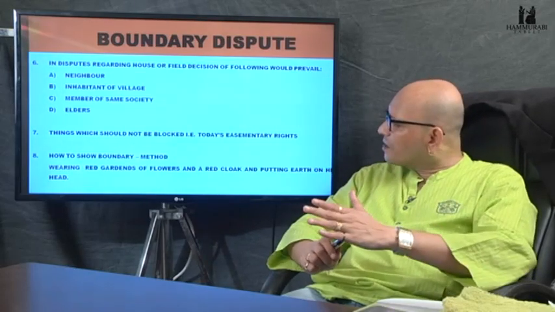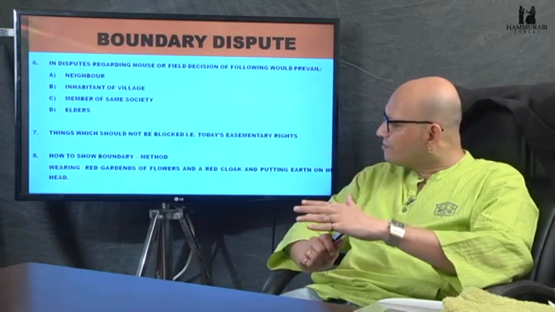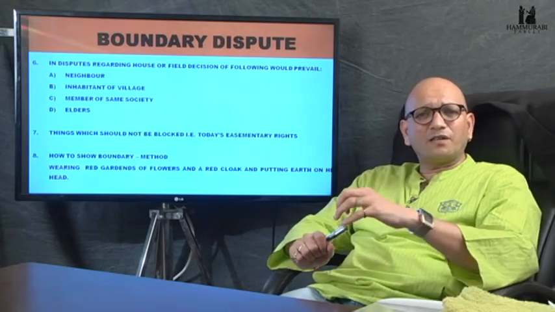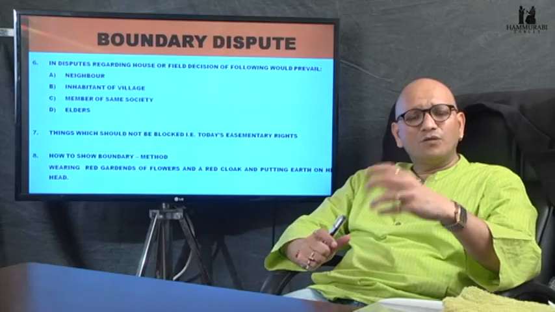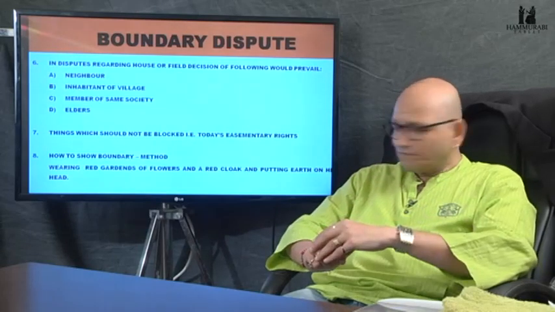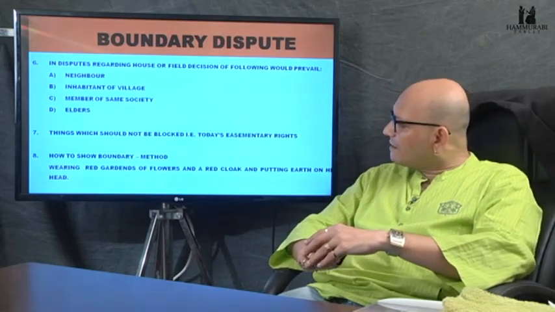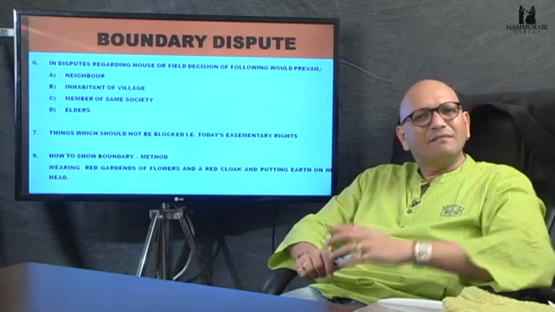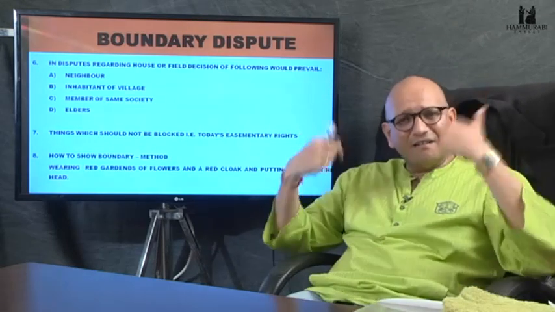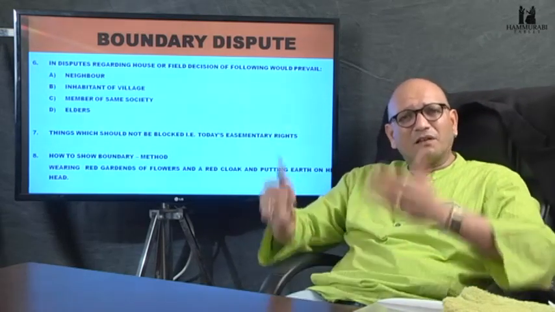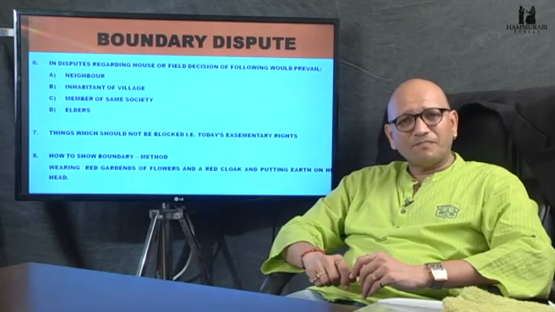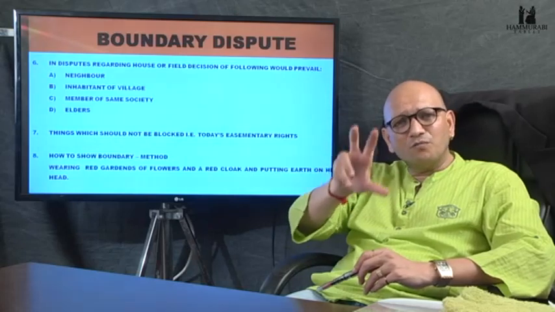Then we have how to show a boundary. This is a method as to how a boundary should be shown. Wearing red flowers and a red cloak and putting earth on the head. So a red garland has to be put on, with a red cloth and mud on the head. This is how a boundary was to be shown.